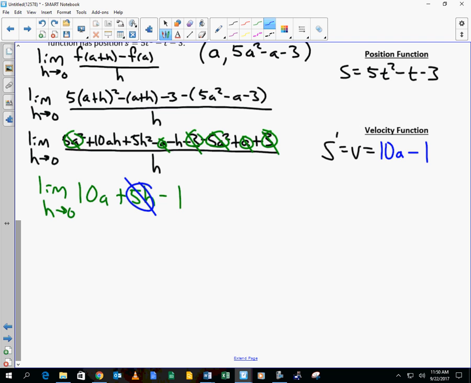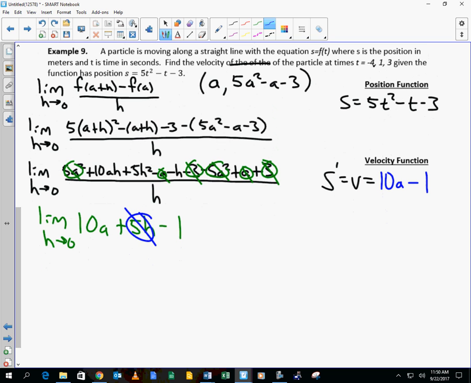So now it says, find the velocity at these times. Well, how do you think I find the velocity at -4? You just plug it in. And I should really have a label. The line says the particle is moving. S is measured in meters, t is in seconds. So it looks like we've got meters per second going on here.